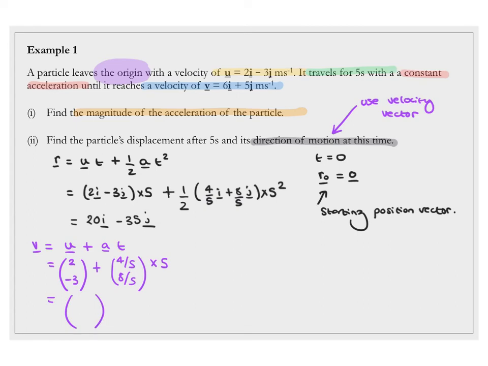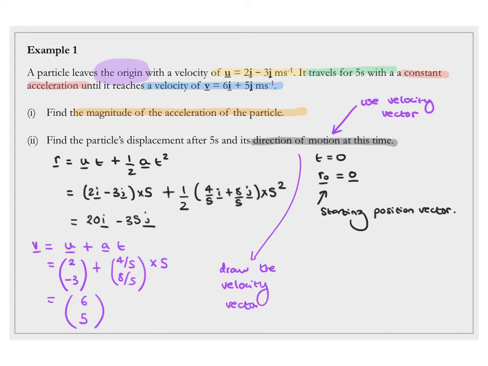So this then gives me 6, 5. So the velocity at 5 seconds is 6i plus 5j, or 6, 5, as a column vector. Now, to find the direction of motion, we need to draw the velocity vector.